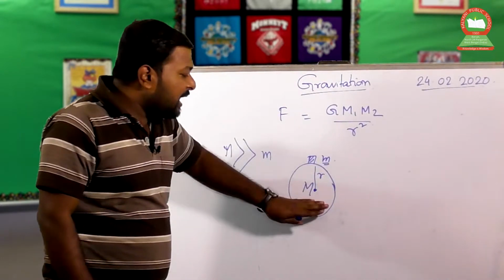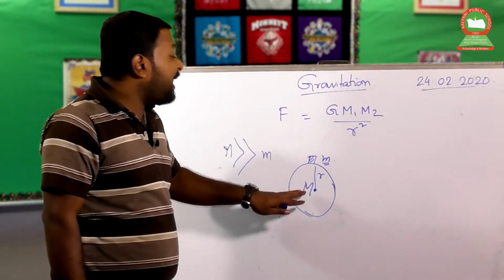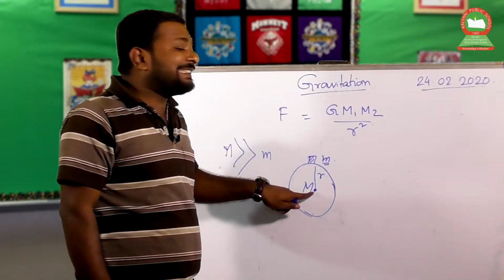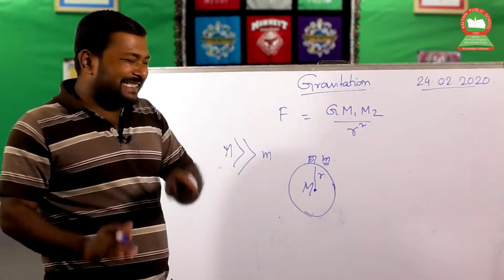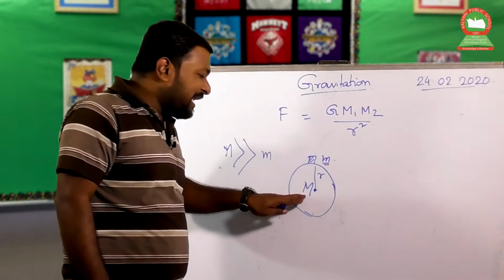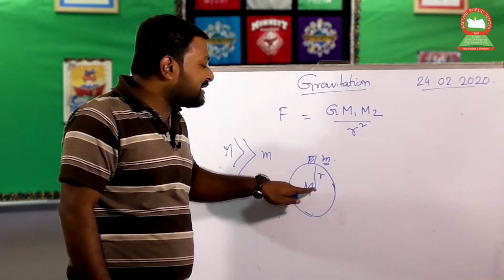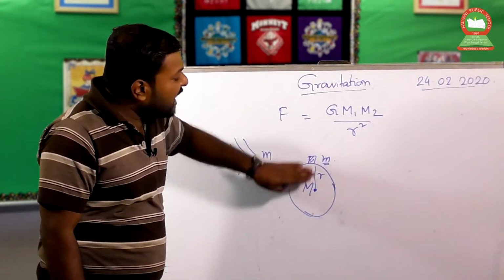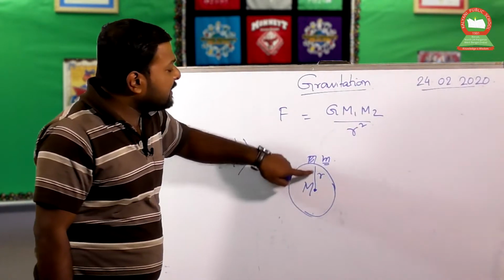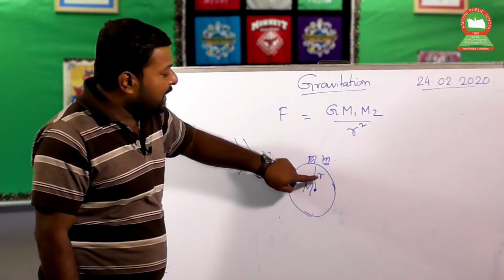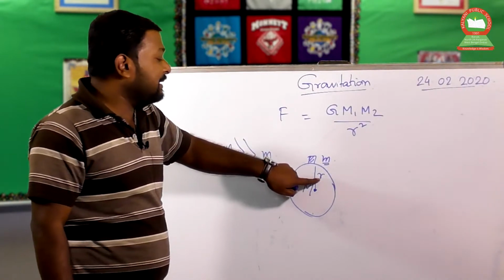If we consider Earth as a sphere, then the mass is concentrated at the center of the sphere. So we say that the total mass capital M is centered at the center of mass, which is situated at the center of the Earth. So the distance between the two masses is taken from that point to that point, and we call it r.